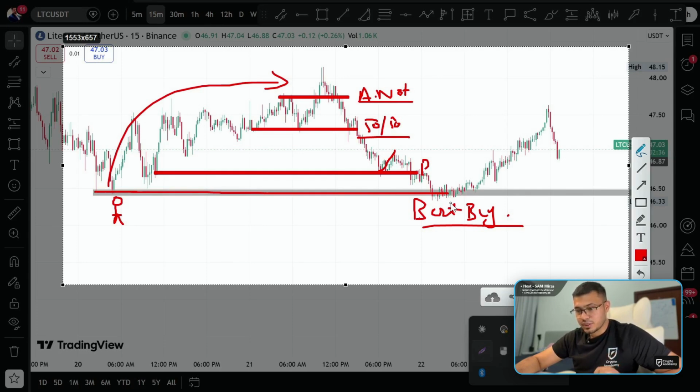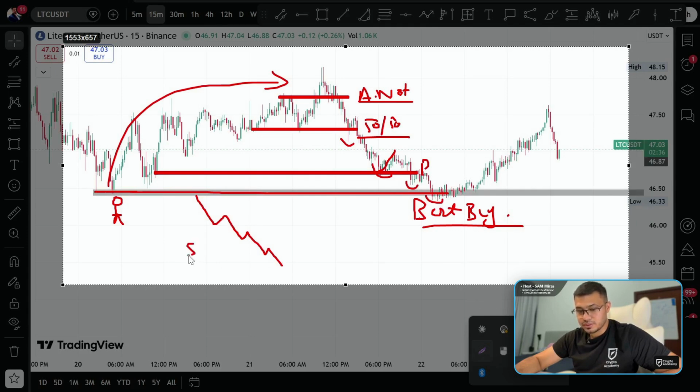So what was the confirmation? Confirmation was here. Market was coming down, market was coming down, market was coming down, and then you see one lower low, another lower low, another lower low. So who's winning? Sellers were winning. But what happened here?